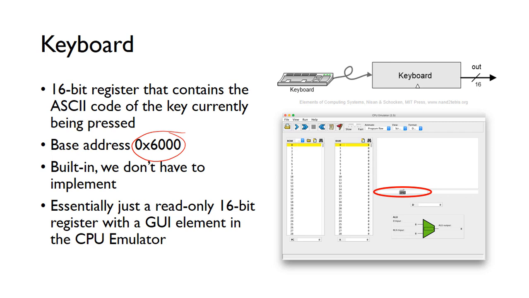When no key is being pressed, this register will contain 0, and when you press a certain key on the keyboard, the particular ASCII value will appear in that register. So by reading that register, by looking at its output here, we can deduce which key has been pressed.